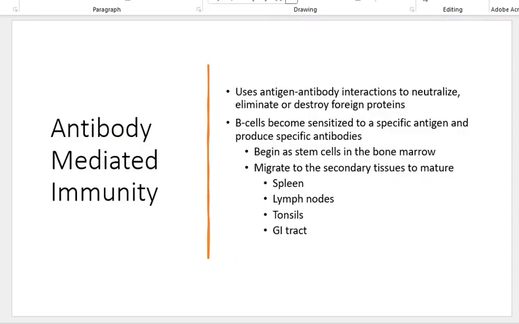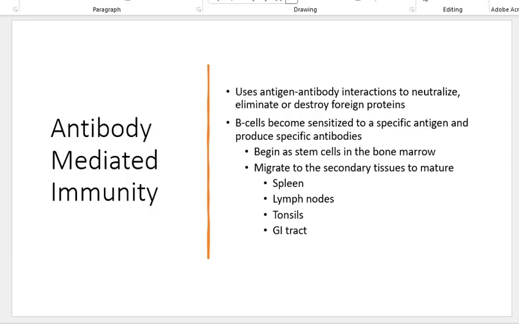With your antibody-mediated immunity, like we said, this uses antigen-antibody interactions to neutralize, eliminate, or destroy foreign proteins. B cells become sensitized to a specific antigen and produce specific antibodies. This begins as stem cells in the bone marrow.